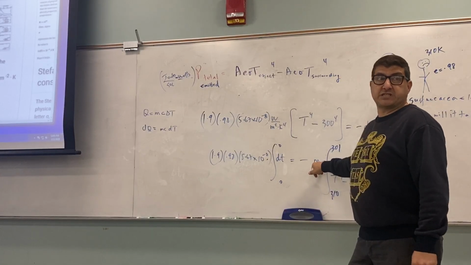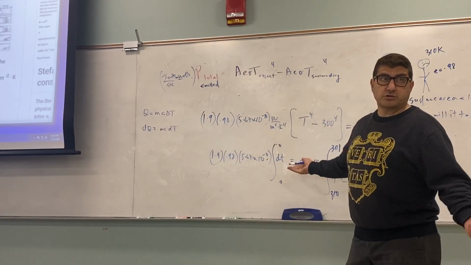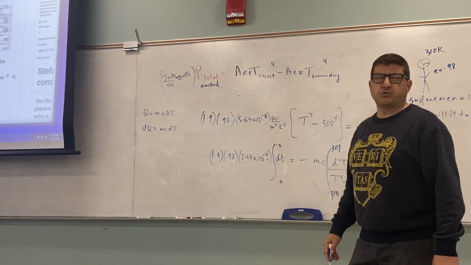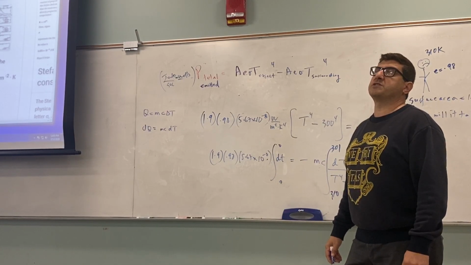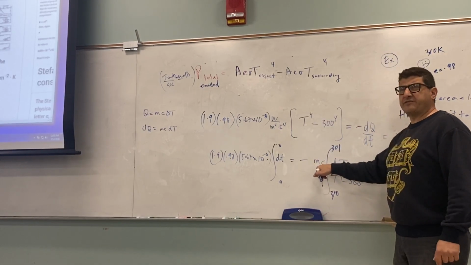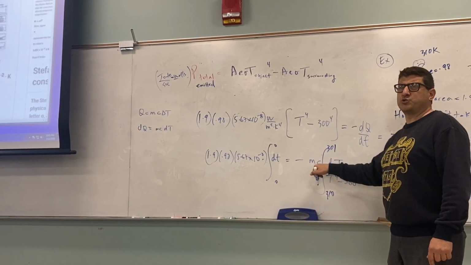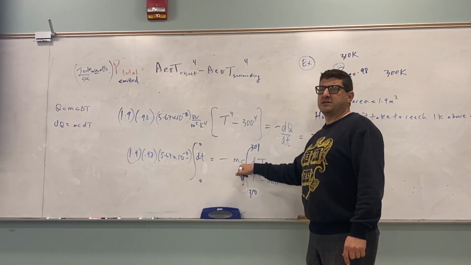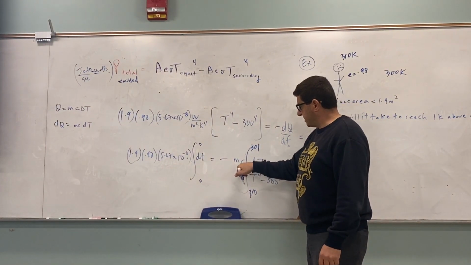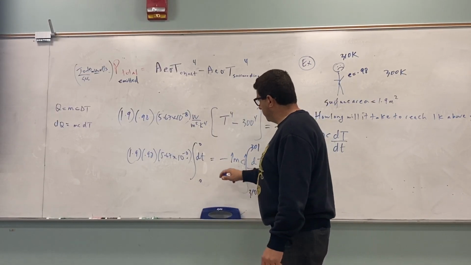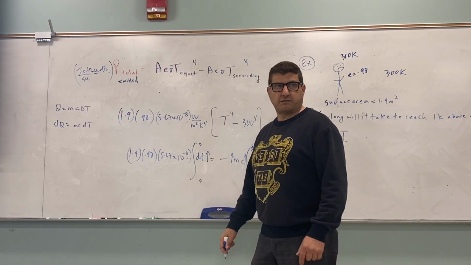And the larger your specific heat, the longer it takes to cool down. That makes sense, because if your specific heat is large, it's harder to change your temperature. So the larger your mass and the more your specific heat, the more time it takes for you to cool.